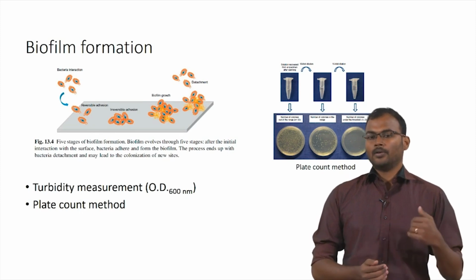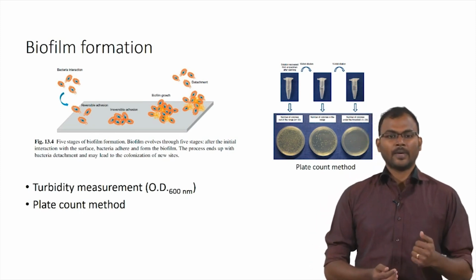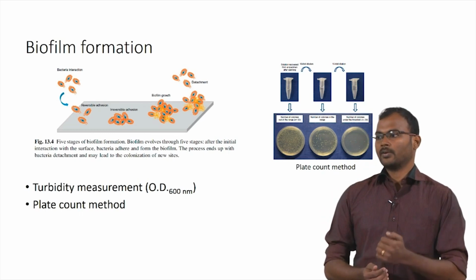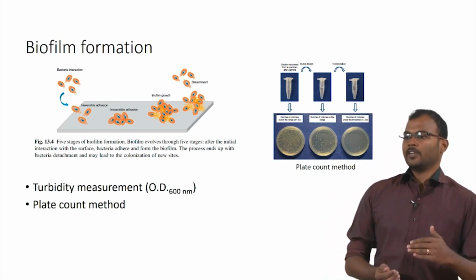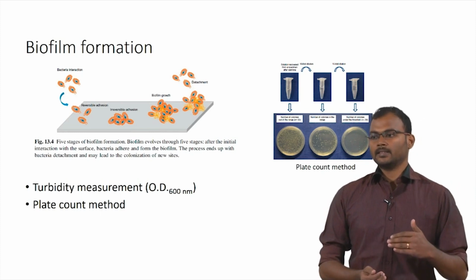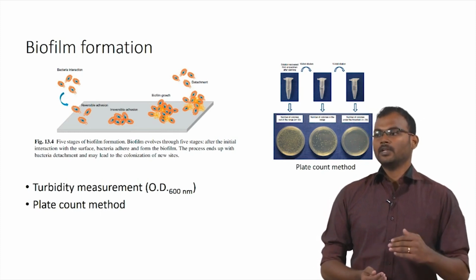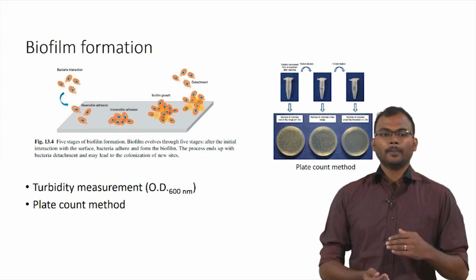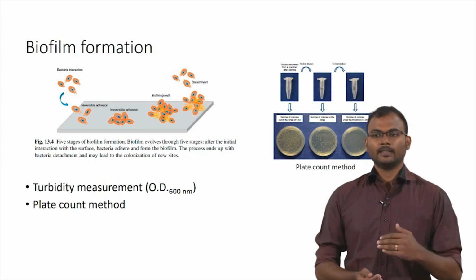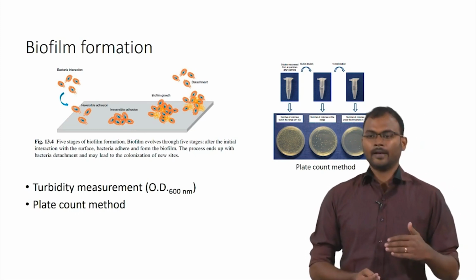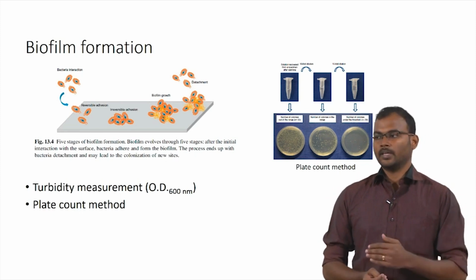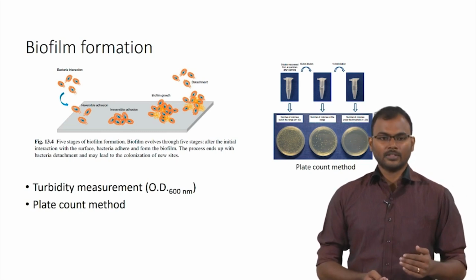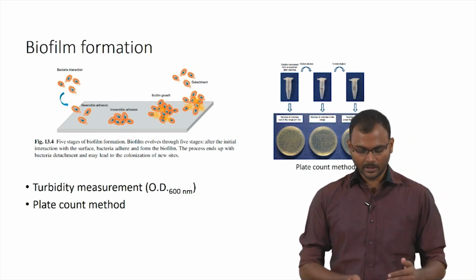You inoculate both with the bacteria, and after a particular amount of time, when the bacteria reach their log phase, you check how much bacteria has adhered onto the material surface. So, we wash out the bacteria adhered onto the surfaces and estimate using a UV visible spectrophotometer.